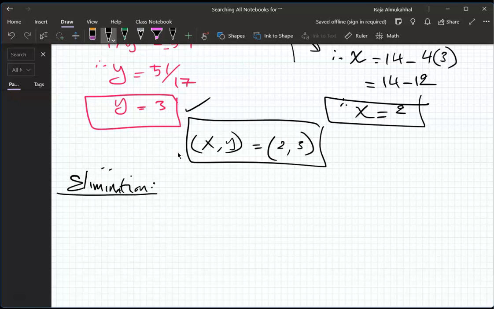Okay. So what you do, let me go back and write down the same 2 by 2 system. x plus 4y equals 14, and then I have 3x minus 5y equals -9.